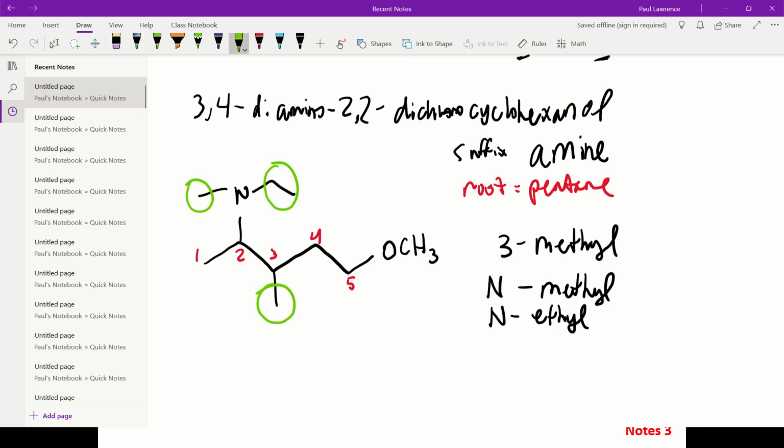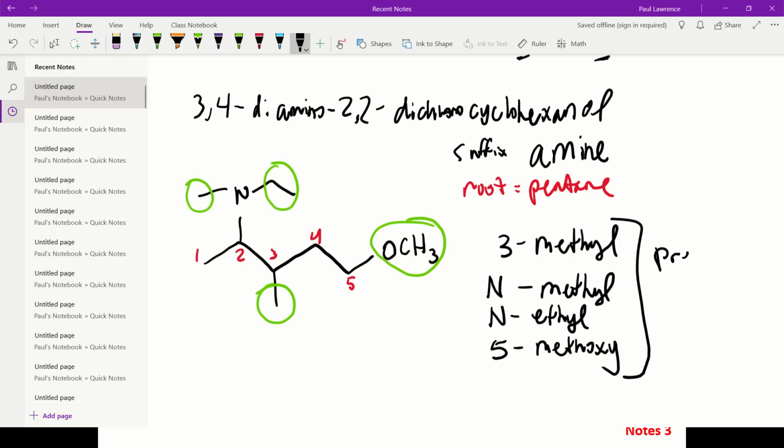We have one left, that guy. And we see that is attached on carbon 5. And we know from naming ethers that is a methoxy. So we have 4 substituents, or you could view it as prefixes.